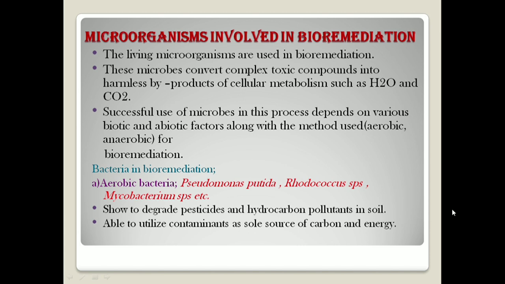Bacteria in bioremediation. Aerobic bacteria such as Pseudomonas putida, Rhodococcus species and Mycobacterium species show a high level of degradation of pesticides and hydrocarbon pollutants in the soil, since these organisms are able to utilize the contaminants as their sole source of carbon and energy.